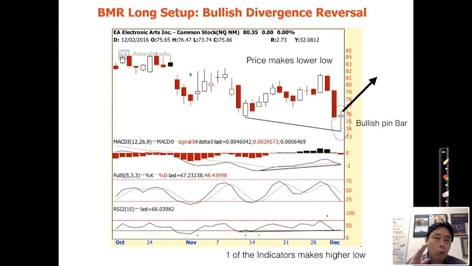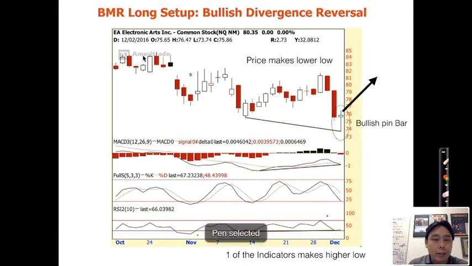Next, when we go long on the BMR setup, we always need to have a bullish divergence reversal pattern. So again, do revise the chapter on divergence reversal patterns under technical analysis, and I'm going to review it very quickly over here. So remember that for bullish divergence, we always connect and compare swing lows, okay, on both the price chart and the indicator chart.